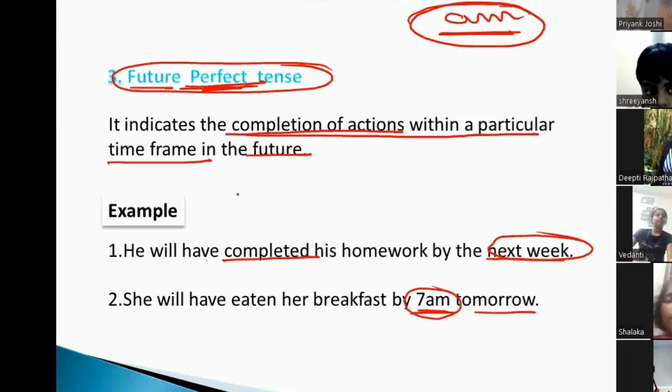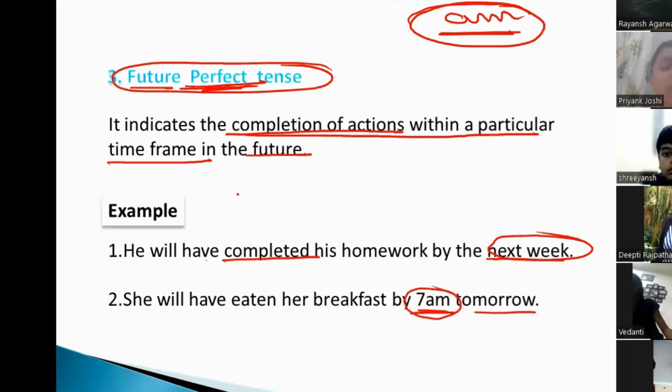If you are using only will, like she will complete her homework next week, then that comes under simple future tense. If you are using have, then it should be written in the future perfect tense, like he will have completed by next week. There is a difference.